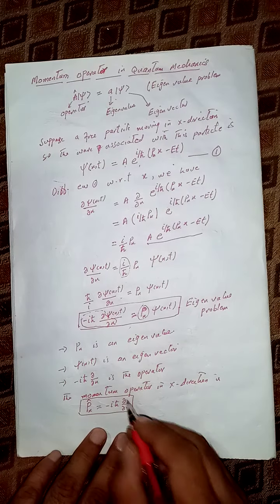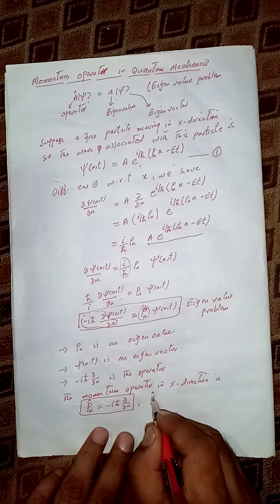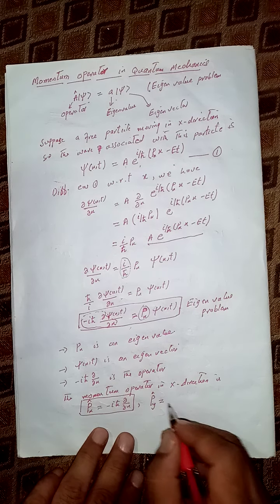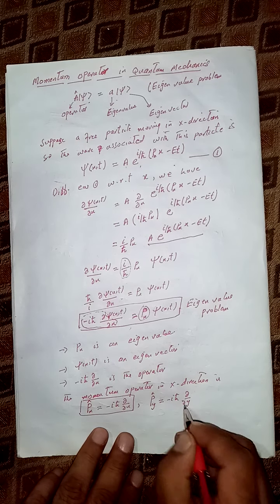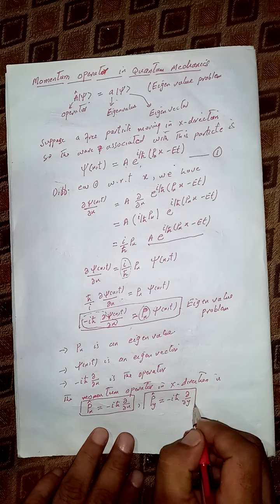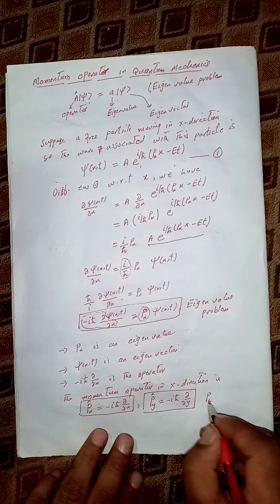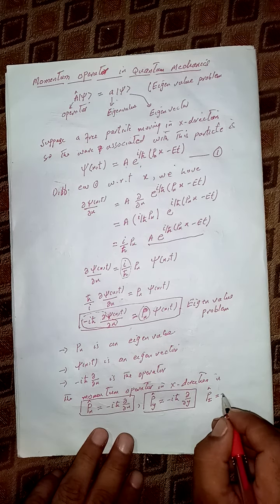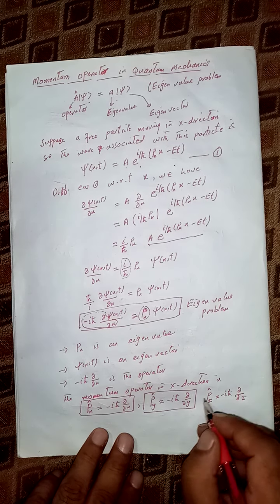Similarly, the momentum operator along y direction is p_y. If we do the same calculation, we get minus iota h bar partial by partial y. And the momentum operator along z direction is p_z, which is minus iota h bar partial by partial z.